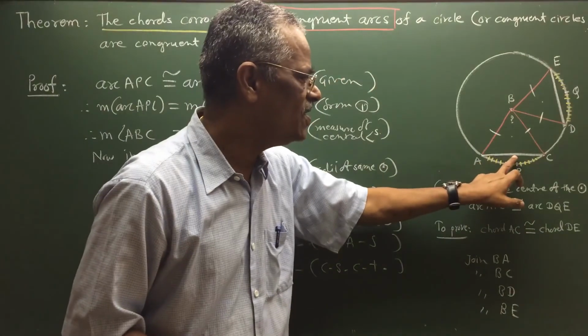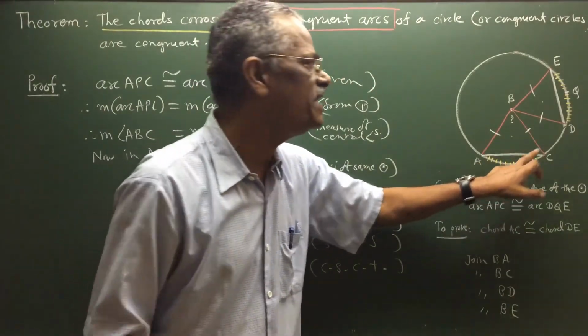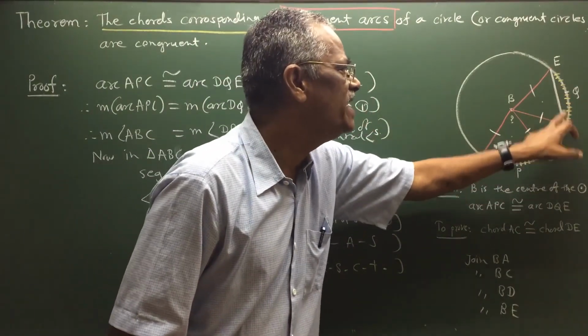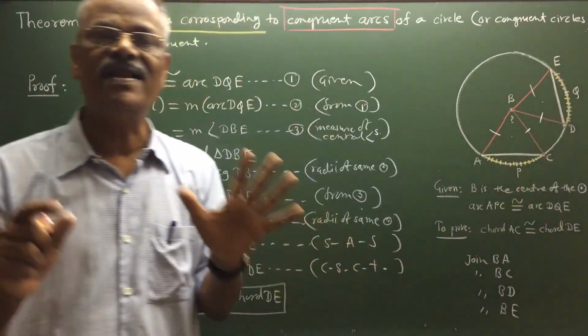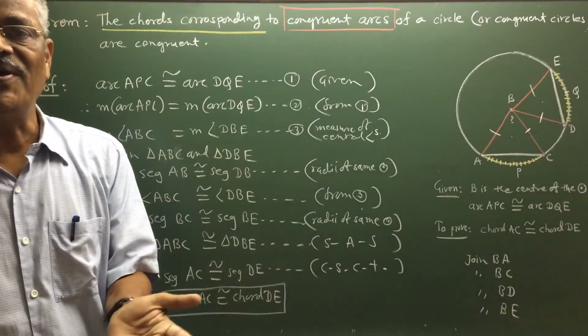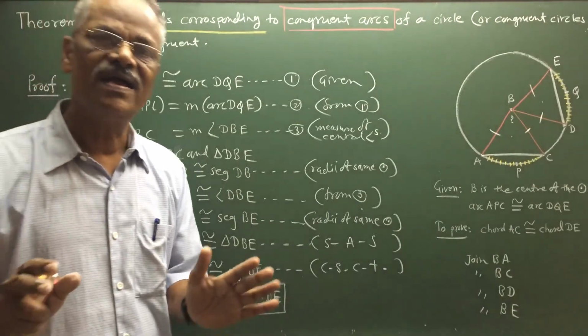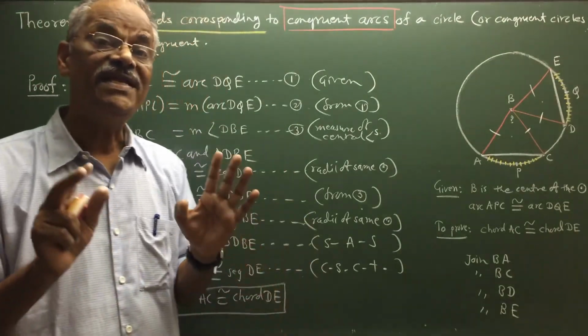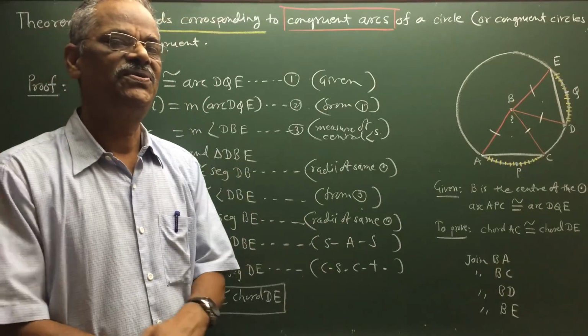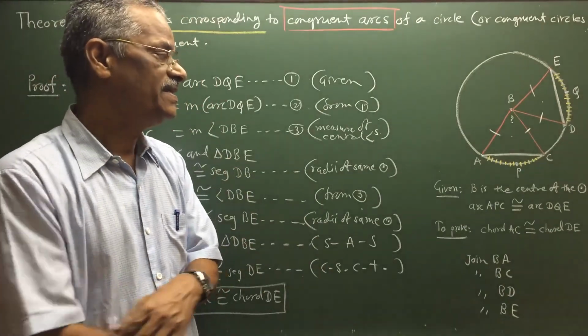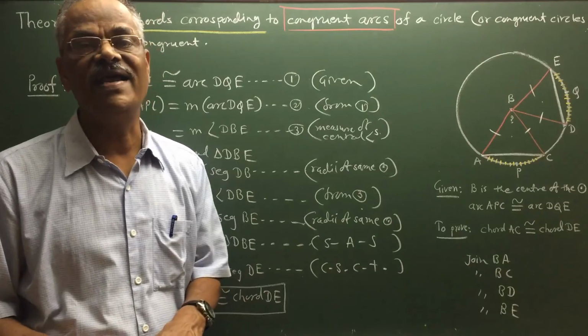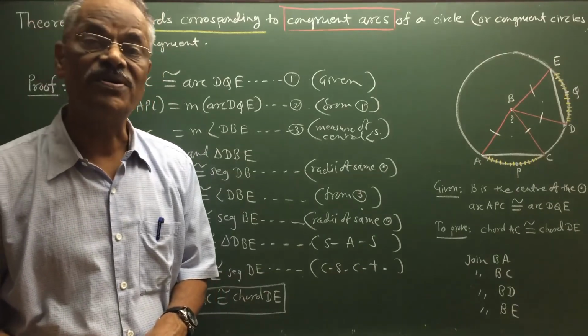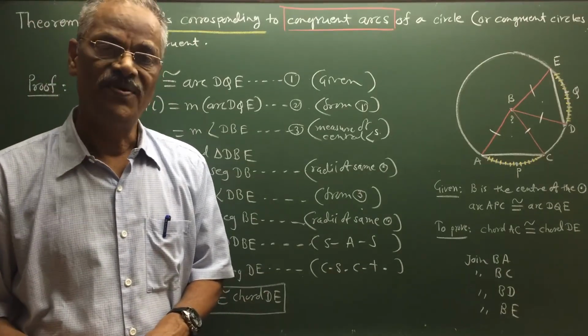DE and AC are equal or congruent because the arcs are congruent. That is proved. You can write down this theorem again and again. This is an important theorem. Okay, thank you.